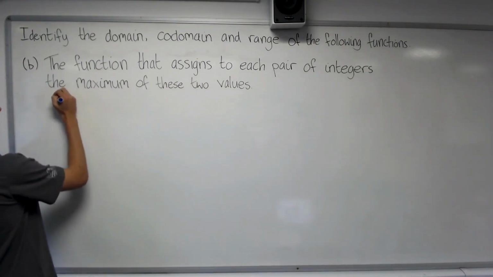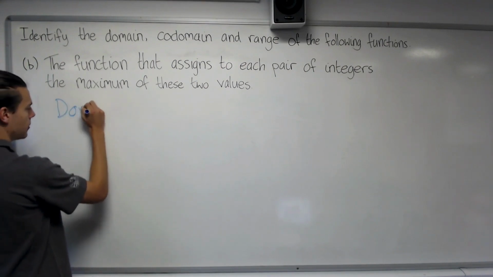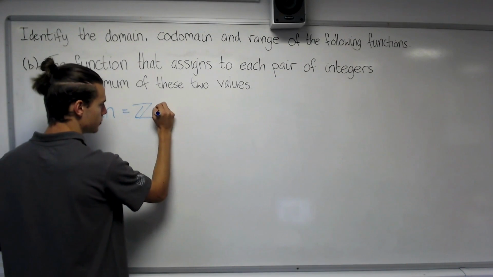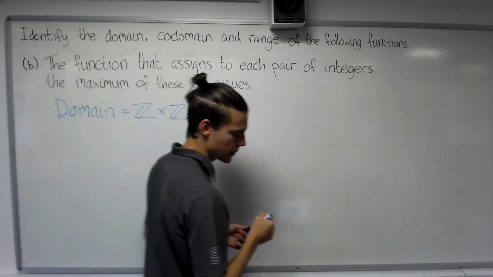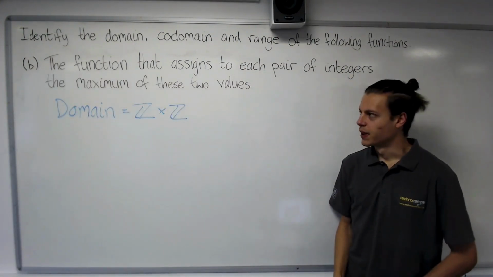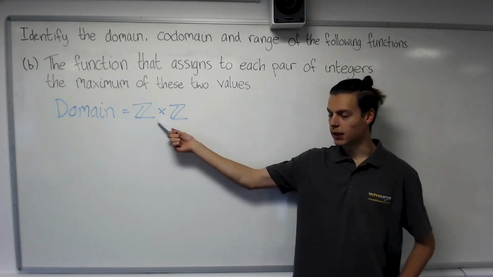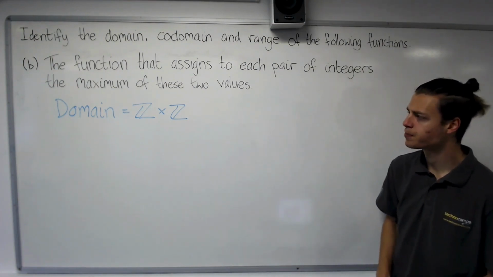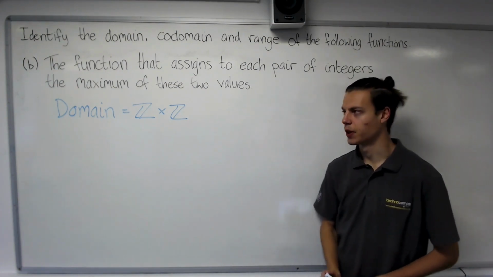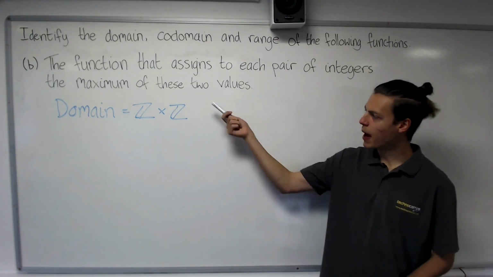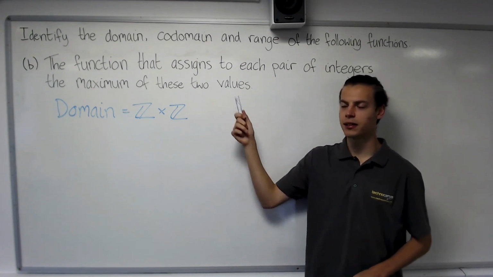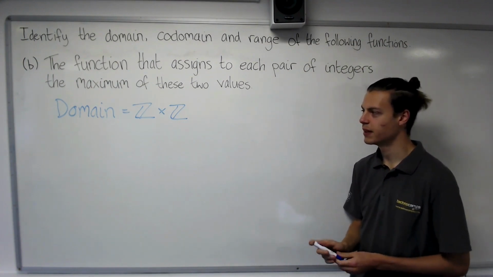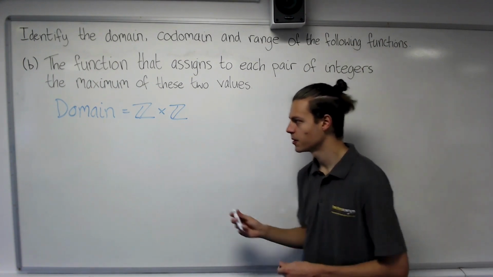So the domain of this function is just the Cartesian product of the integers with itself. Okay? Now, what's the codomain of this function? Well, it assigns the maximum of the two values, so it will output one of the two integers, right? So the codomain is the set of integers.